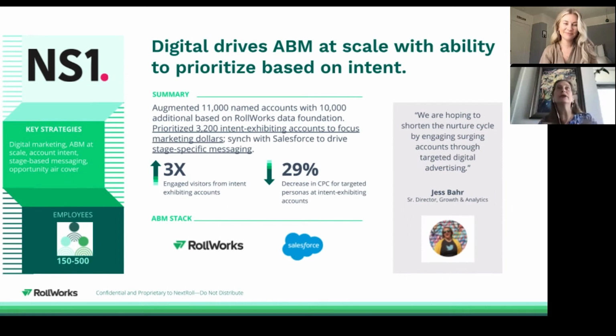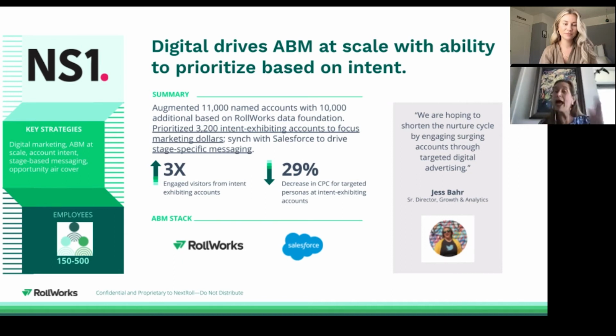Next up, a little bit further down in the buying process, NS1, another customer we work very closely with. Now, interestingly enough, NS1 really leverages digital ABM strategies so that they can operate ABM at fairly massive scale, but even at scale, they have to have some prioritization in terms of efforts.